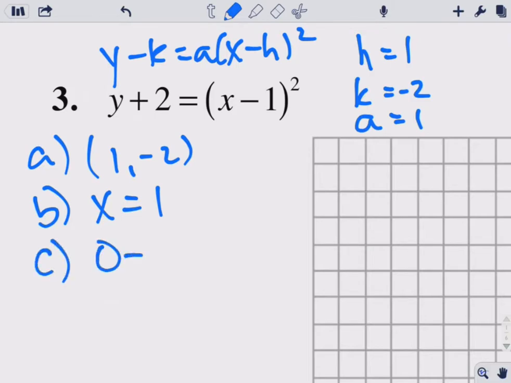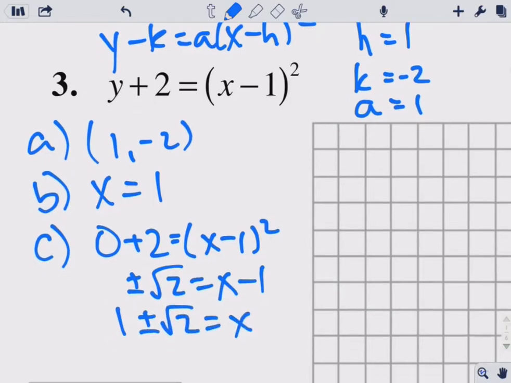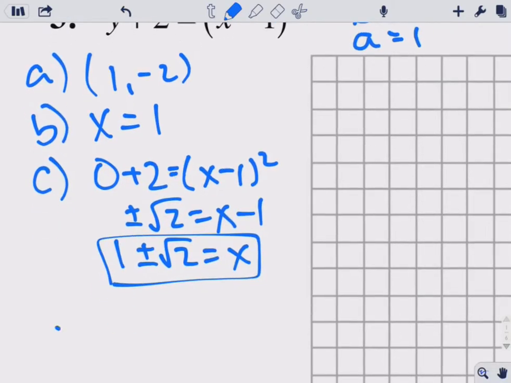C, find the zeros, so y is 0. Solve x minus 1 squared. You're taking the square root and then adding the 1 over, and so those are your zeros right there. Okay, D, we want to know if it's a max or a min.